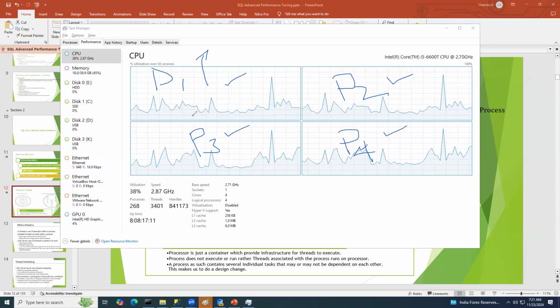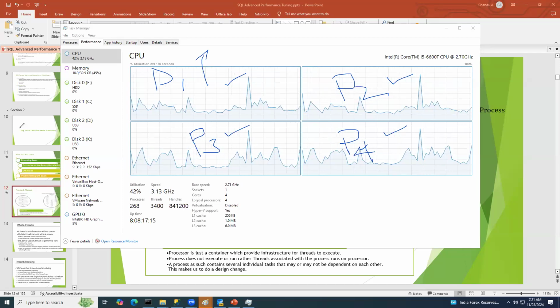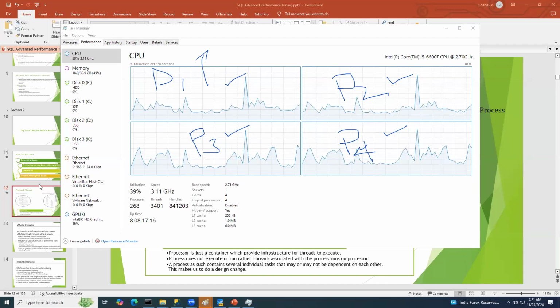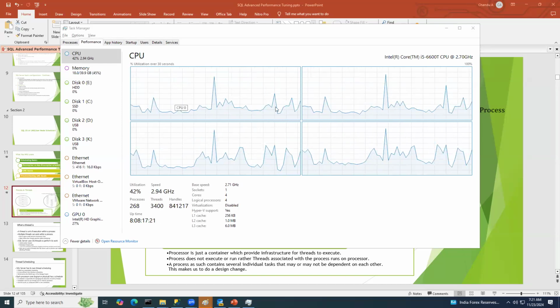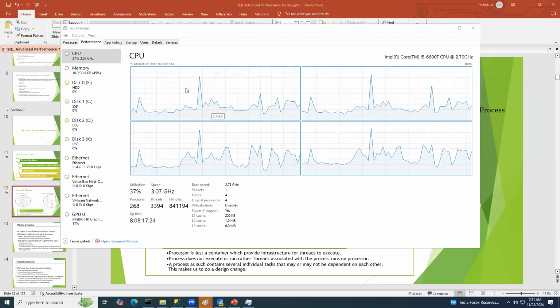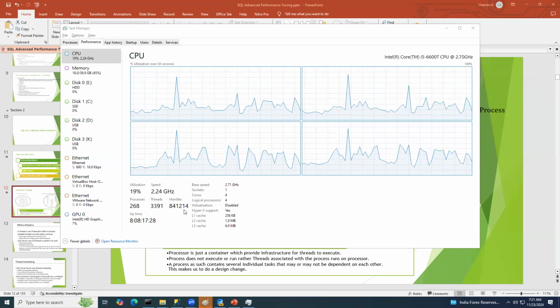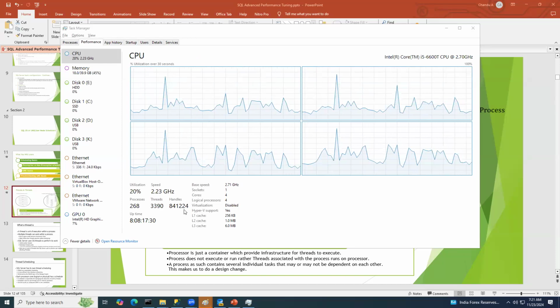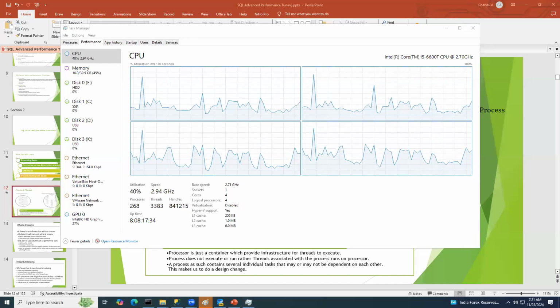Each processor will allow you to execute your workload with respect to whatever processes I have on this computer. So this is not specific to a process. If I have multiple applications on this computer, each application you call a process. Even SQL Server, you call it a process.